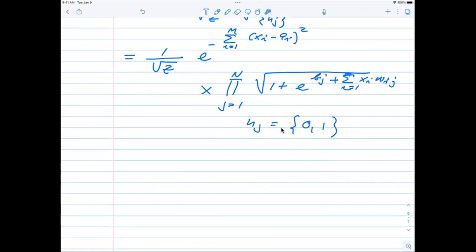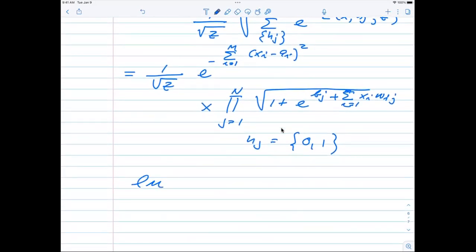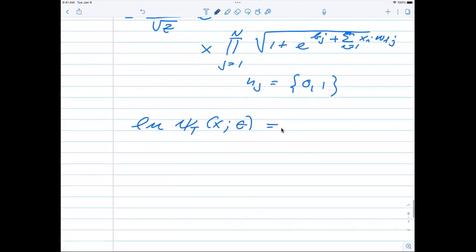So when I now calculate my ln of the trial wave function, since I'm assuming that this quantity is positive definite, when I take the ln of the trial wave function as a function of x and theta, what I'm going to have is minus 1/2 ln of Z, a quantity which I'm coming back to a little bit later.